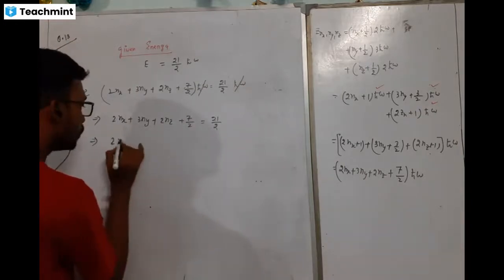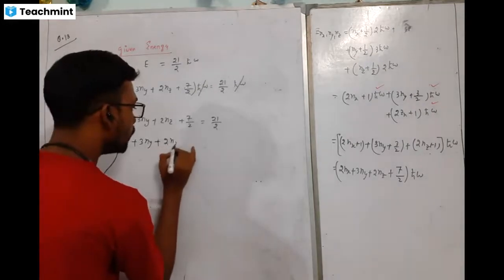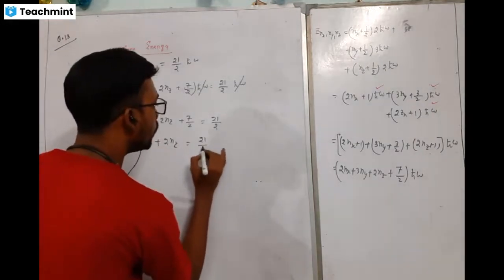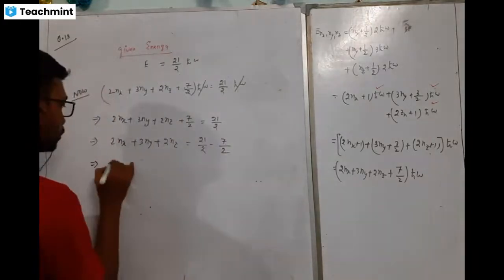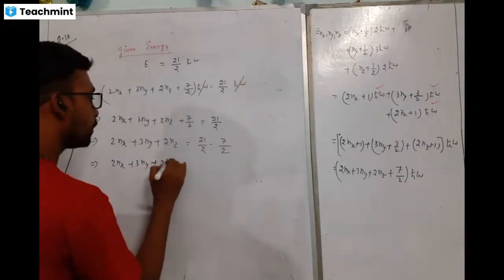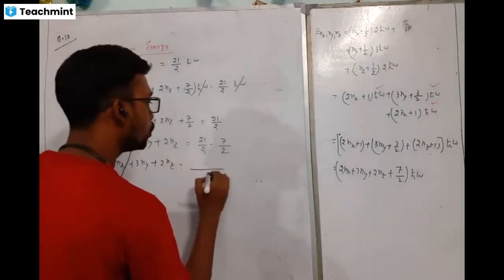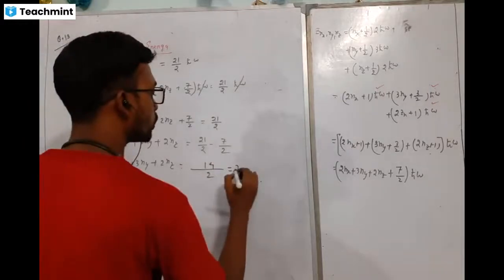It is equal to 2nx plus 3ny plus 2nz equals 21 by 2 minus 7 by 2. It is equal to 2nx plus 3ny plus 2nz equals 2. It's basically 14, so it is equal to 7.